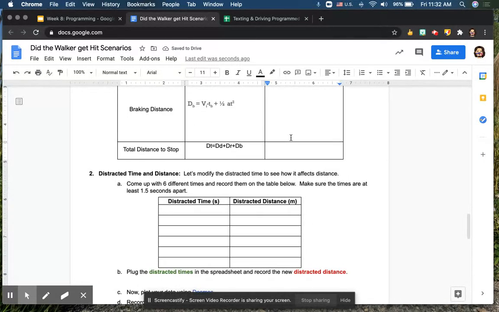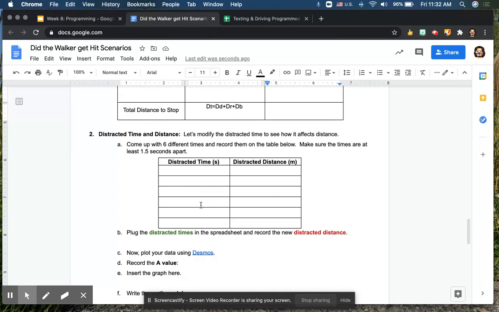And then when I scroll down to this area, it says come up with 6 different times and record them on the table below. Make sure the times are at least 1.5 seconds apart. I can do 1.5, 3, or I can go up by, let's say I want to do just cleaner numbers, so let's do 2, 4, 6, 8, 10, 12.